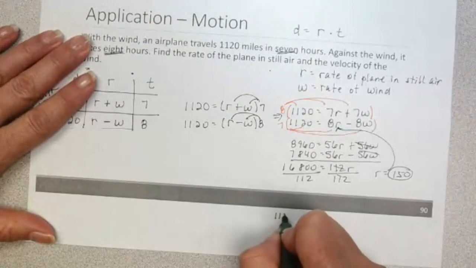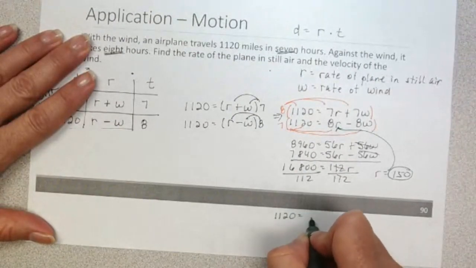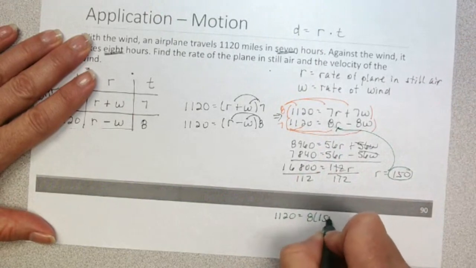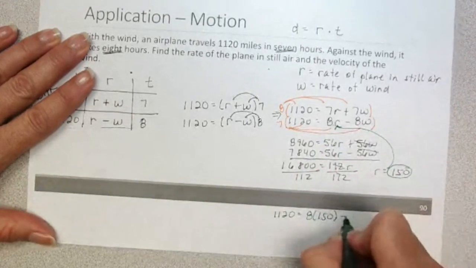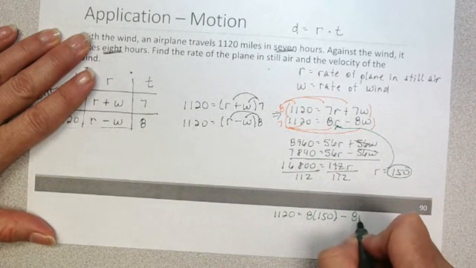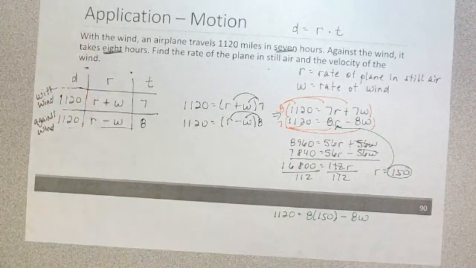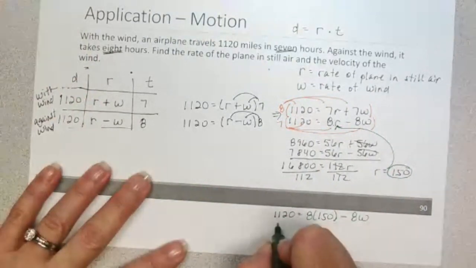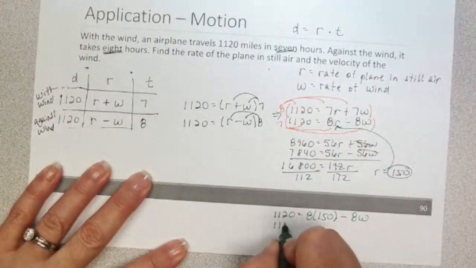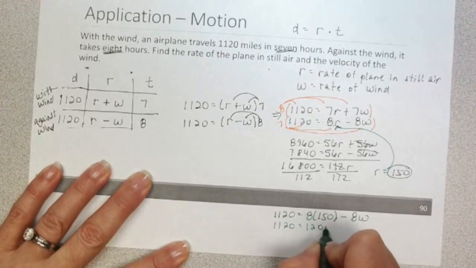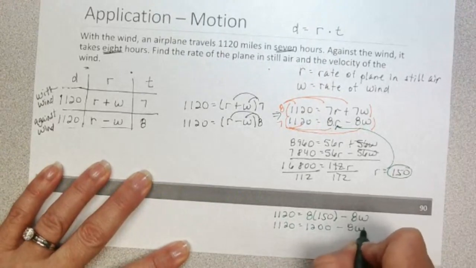All right, so 1120 then is going to be equal to 8. Instead of R, we use the 150. 8 times 150 minus 8W. And this is going to tell us, when I solve for W, the rate of that wind. Okay, so 8 times 150 is 1200. So 1120 equals 1200 minus 8W.